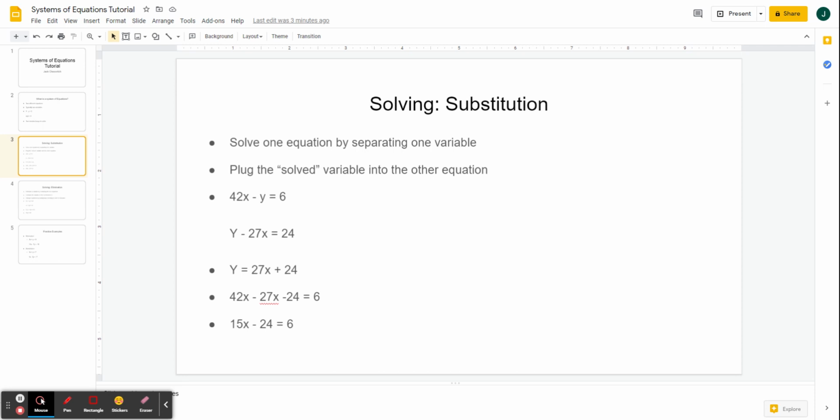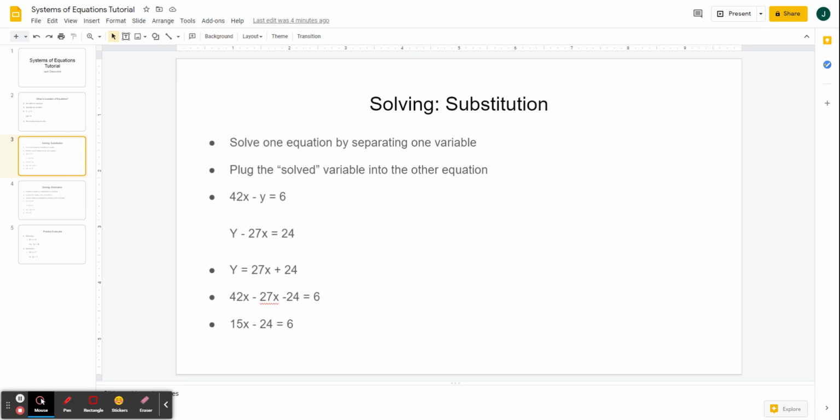The first thing you want to do is identify which variable you want to solve for. In these two, x has a pretty big coefficient of 42 and 27, and that will just lead to more steps in solving because you're going to need to divide and get x on the other side, whereas y doesn't have a coefficient. Now, you could solve for either one, it does not matter.